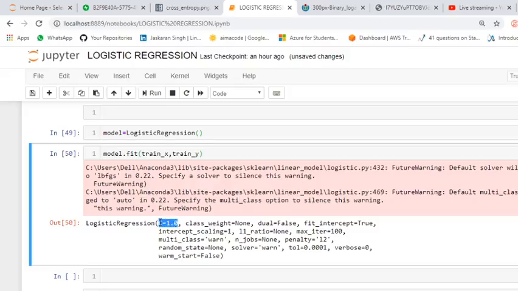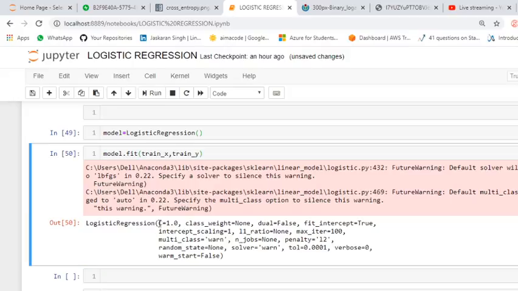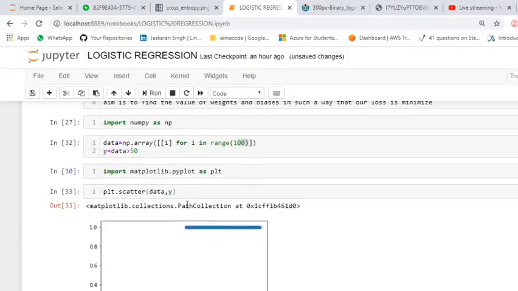Now here we have c is equal to 1.2. This will be discussed in the next class. This will be our next topic. What is the significance of c? Basically, you can say it is used in a loss function. What we do is we add the weights.